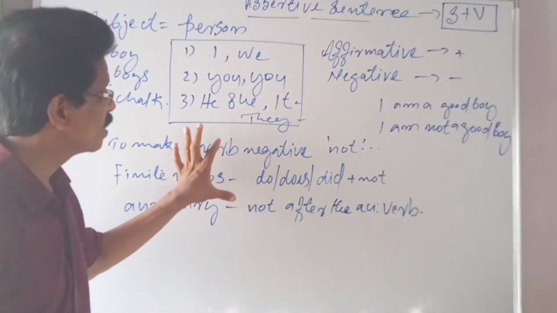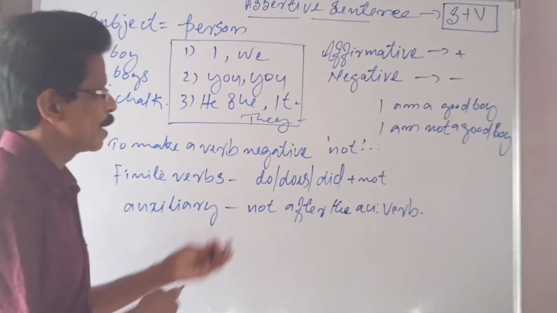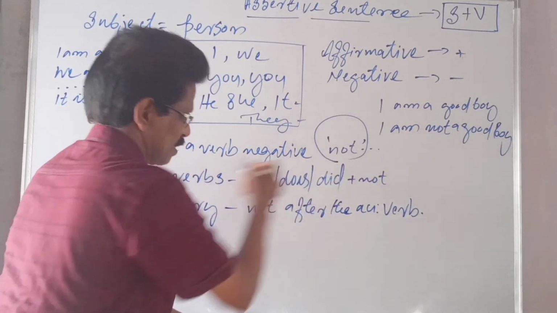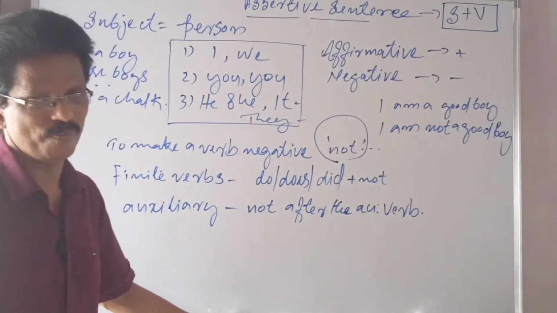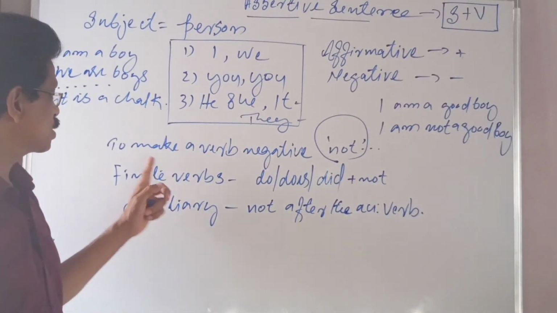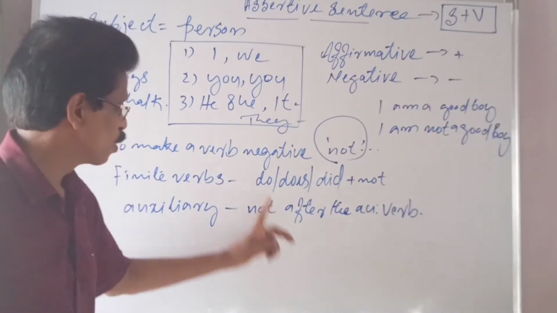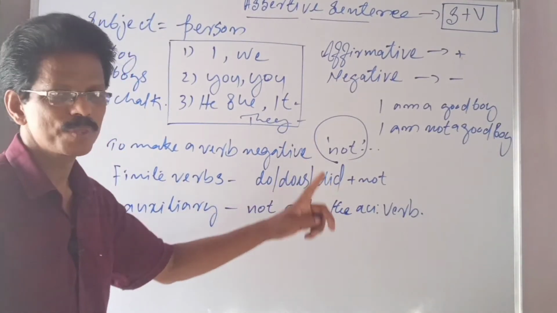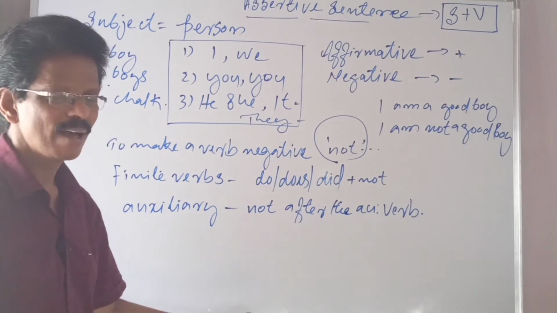In this way, a verb is changed into negative, mainly by using the word not. But if the verb is finite and in simple tense form, you have to use do, does or did plus not. I like, I do not like.